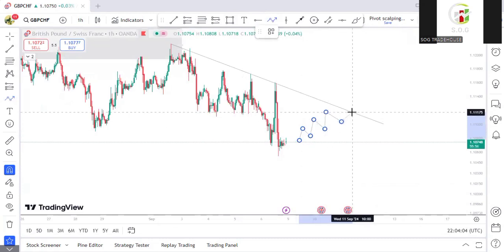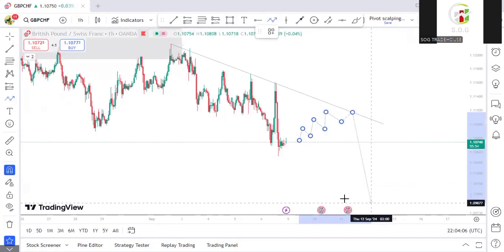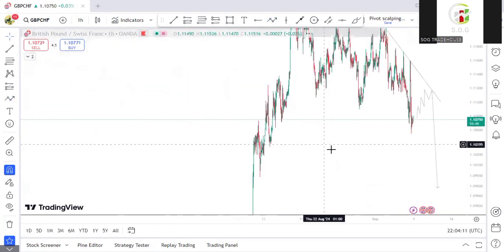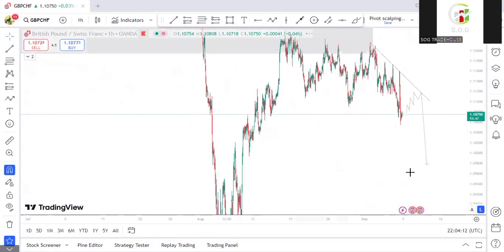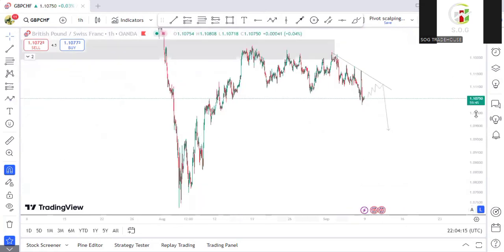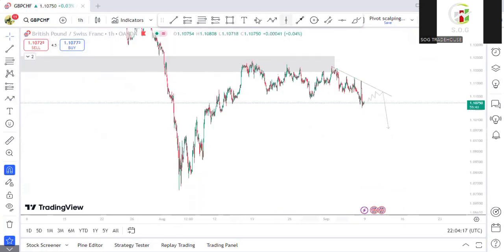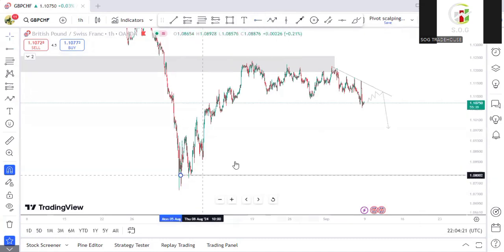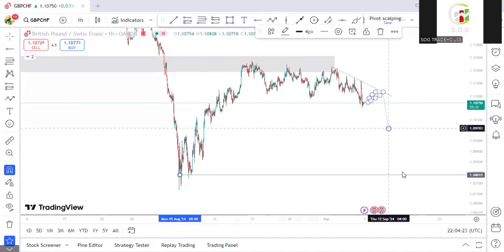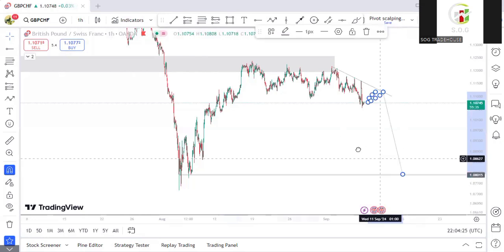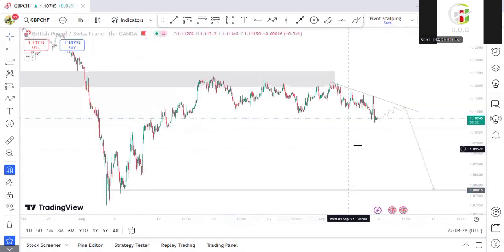And if the market touches this trend line and gives us our candlestick pattern, we take sells and our target should be this low over here. So this is my analysis on GBP CHF.